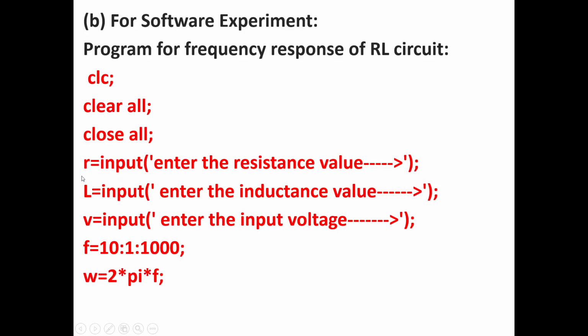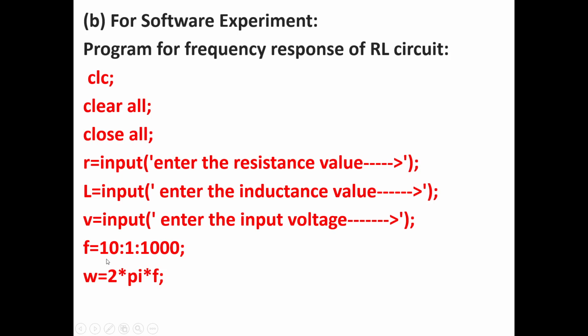Okay. And R equal to input, enter the resistance value. L equal to input, enter the inductance value. V is equal to input, enter the input voltage value. And F is the frequency. So frequency is equal to 10 colon 1 colon 1000 semicolon.